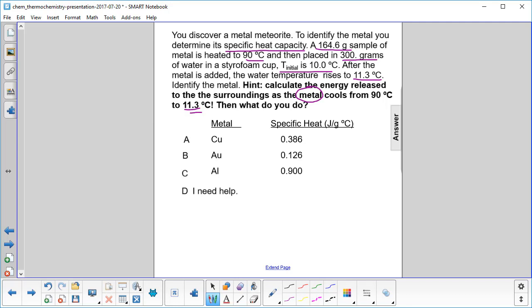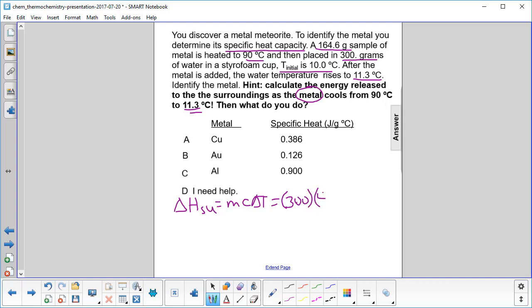First of all, let's see what happens with the water. We know that delta H surroundings, which is the water surroundings, is going to be mc delta T. What's the mass of the water? The mass of the water is 300 grams. And I'm going to leave the units out here because they're all going to work out properly.